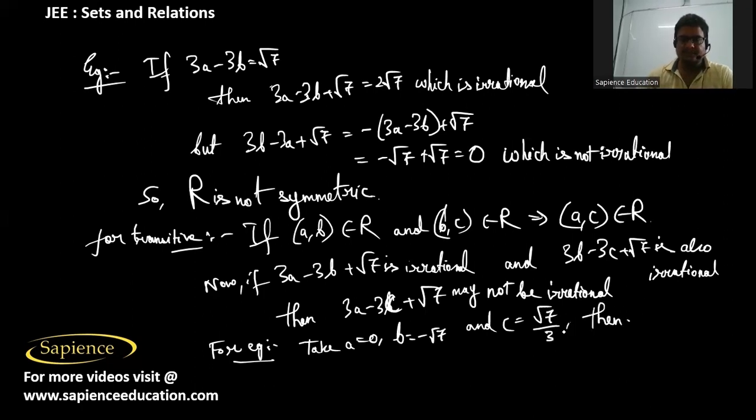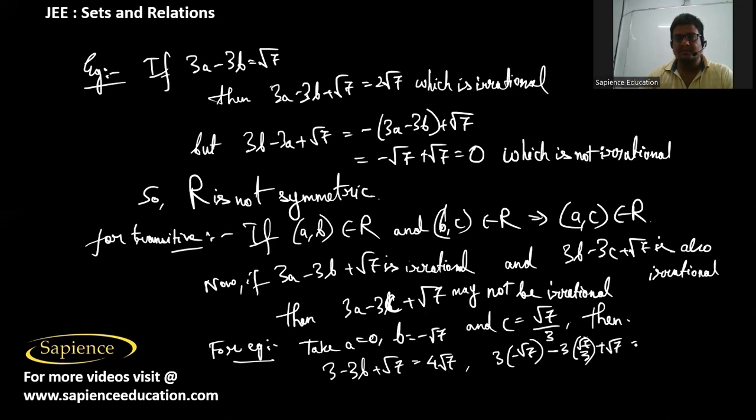Then 3a minus 3b plus root 7 will be equal to 3 root 7 plus root 7, that is 4 root 7, which is irrational, and also 3b minus 3c plus root 7 is equal to minus 3 root 7, which is irrational. 4 root 7 is irrational, and minus 3 root 7 is also irrational.